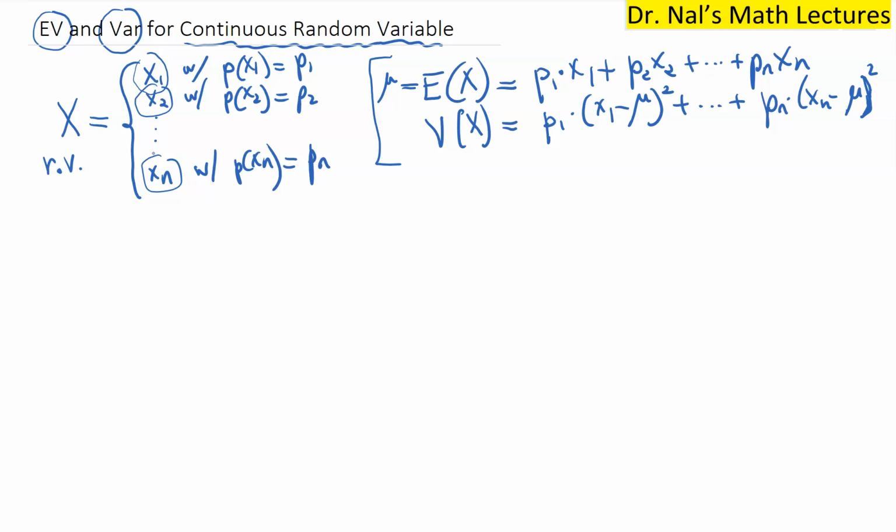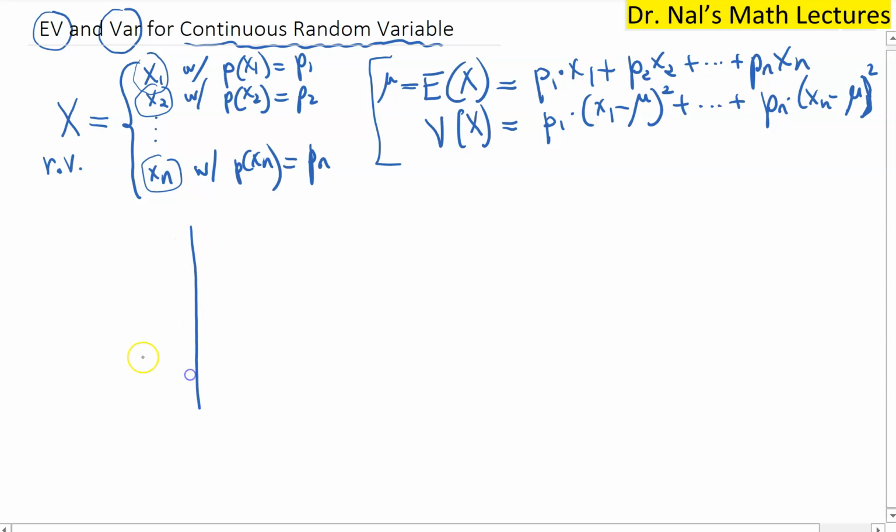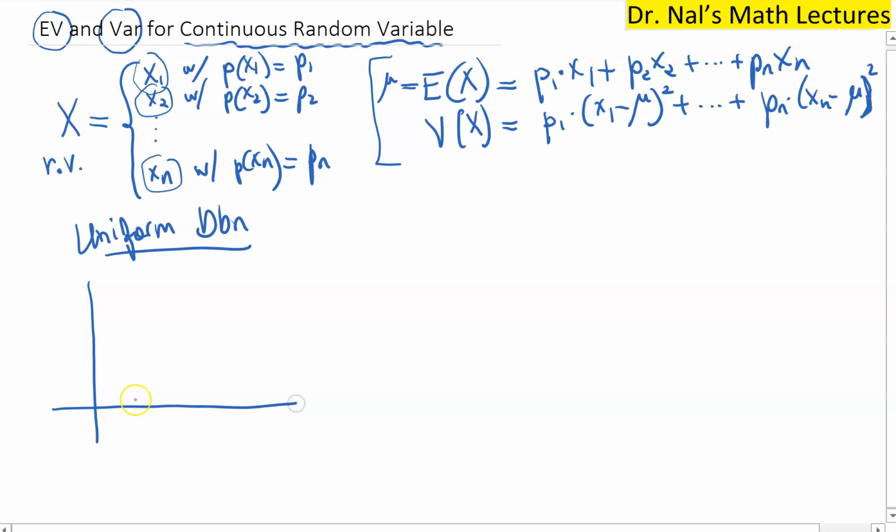There are some concepts, and let me just give you two examples, which are the obvious ones. If you have a uniform distribution, which is a continuous random variable, suppose that the values are between, let's say, 2 and 6.